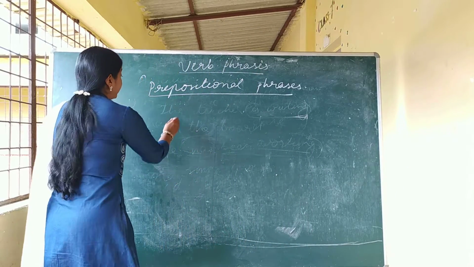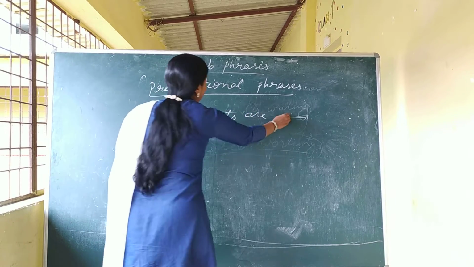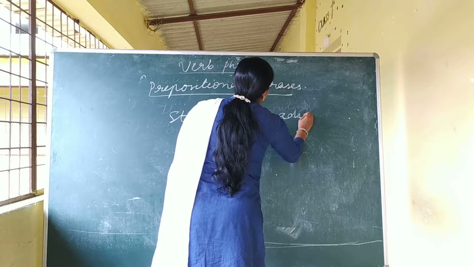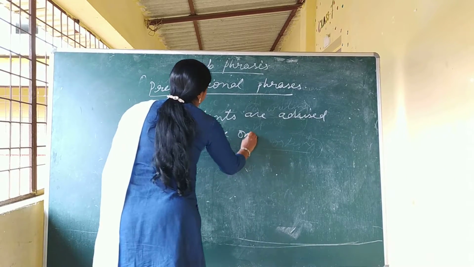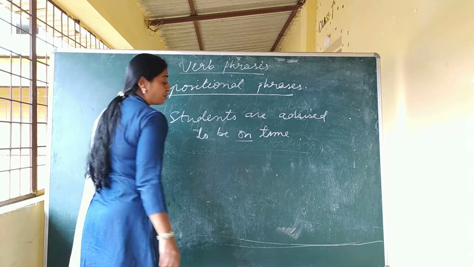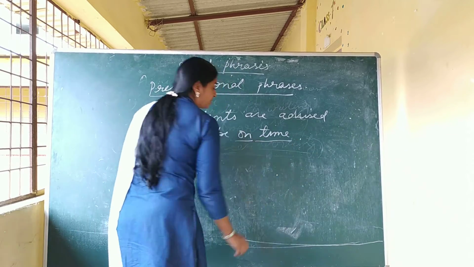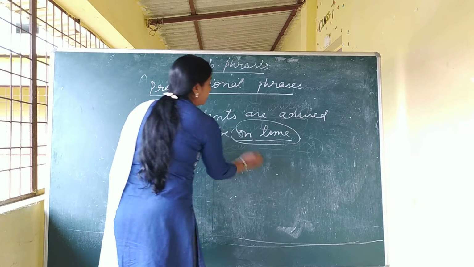Students are advised to be on time. Okay, so on is a preposition. Okay, so these two are a prepositional phrase.